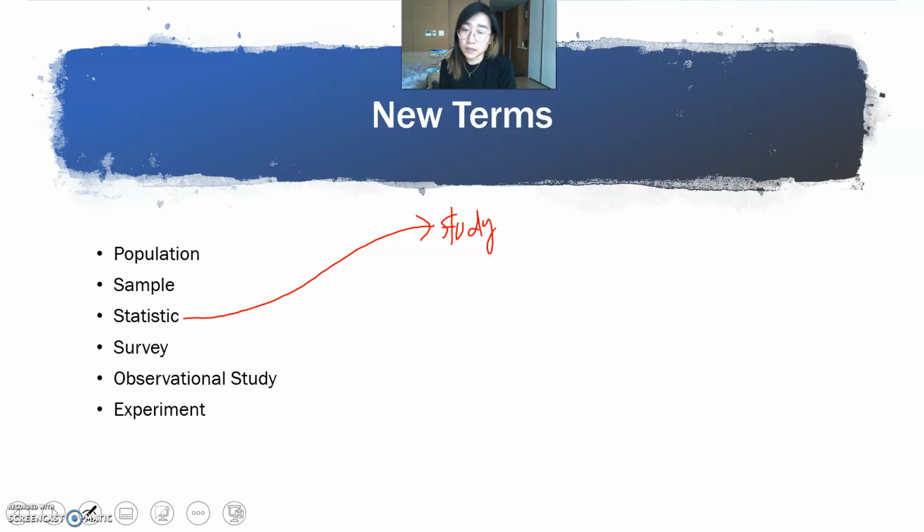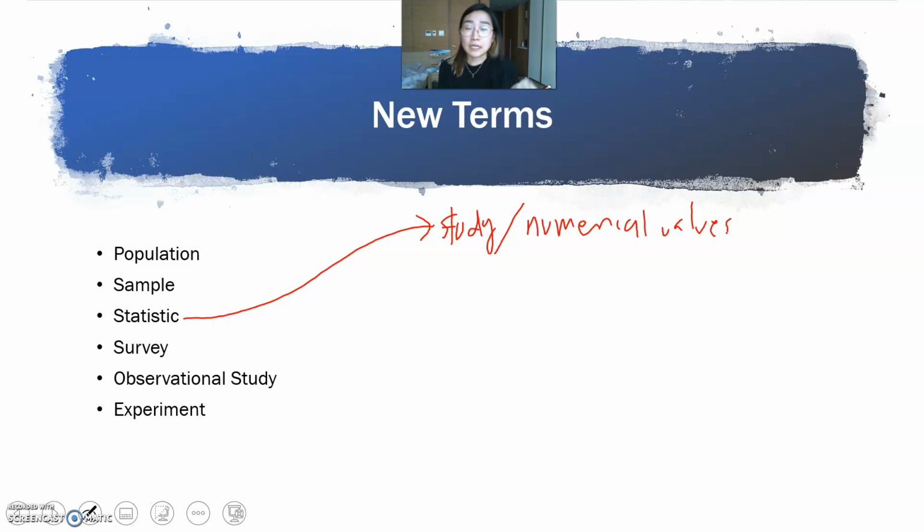That's what statistics is, and you're right, it is a study, but it's also numerical values from the data. When you have heard of mean, median, mode, those are all considered statistics. Those individual numerical values that we have calculated from our data are also called statistics.